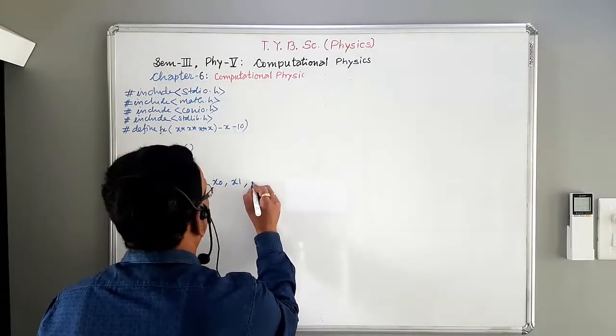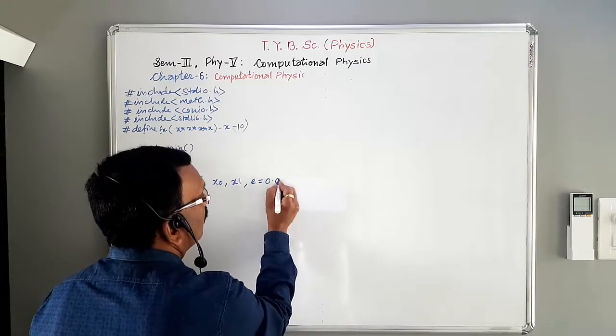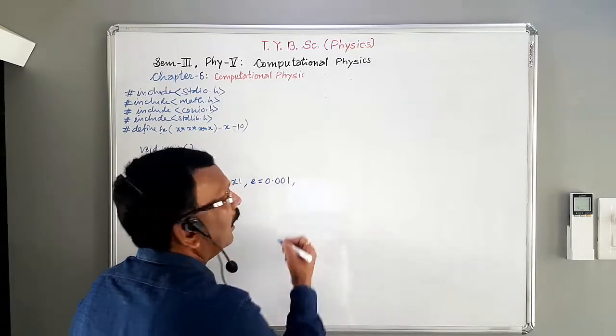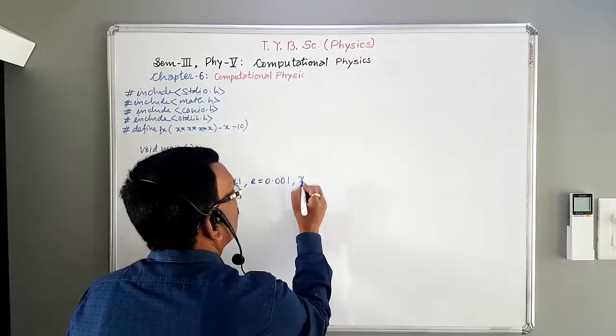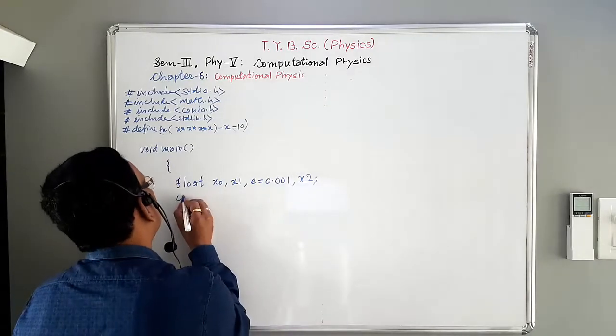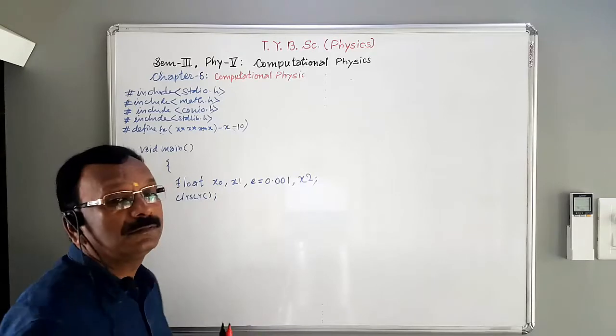Also we have to define the error, optimum 3 decimal point, and variable x2. Then we have to use the function clrscr to clear the screen.